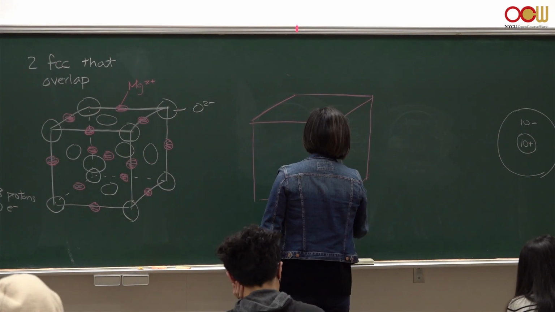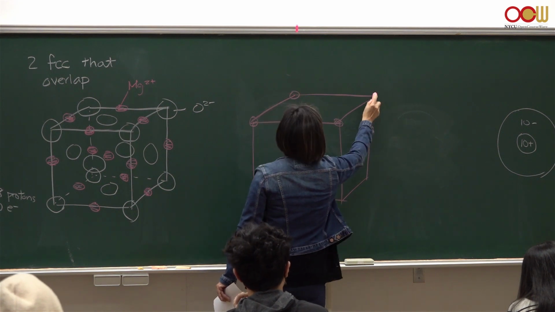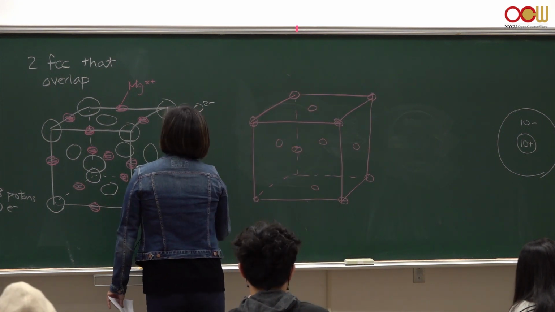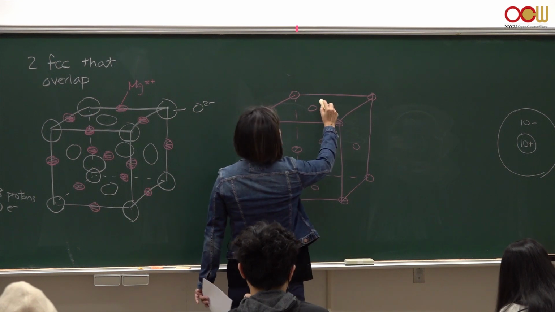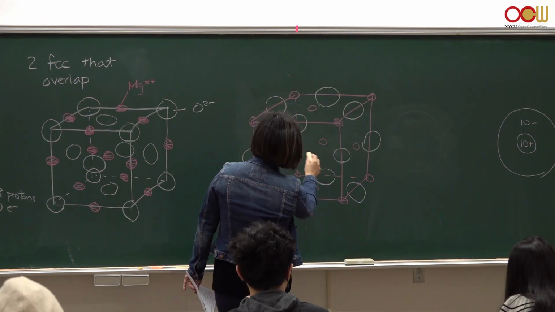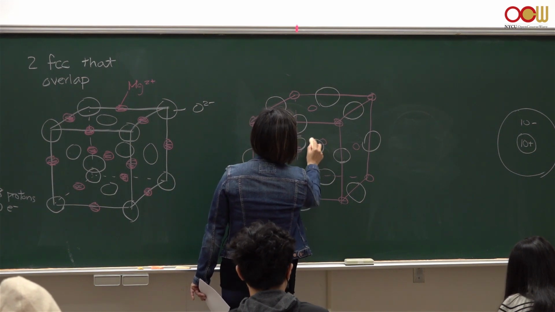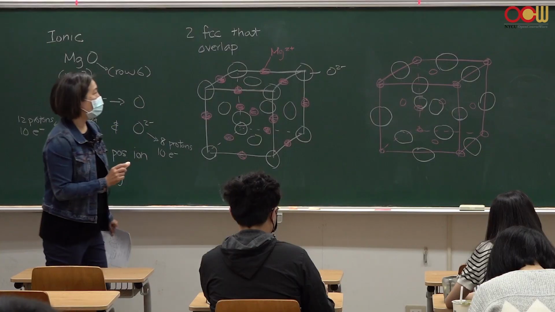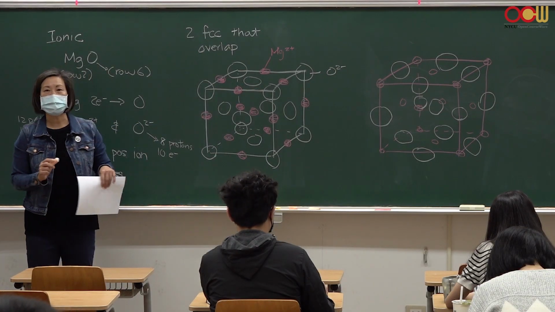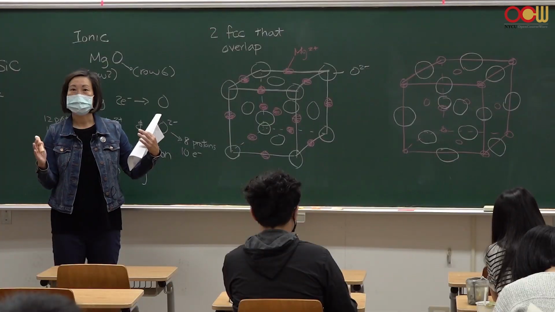The unit cell will be the same size. And my magnesium would be in the middle. And then one in the middle. So these two are actually the same unit cell, just depending on where you're looking at it, right?